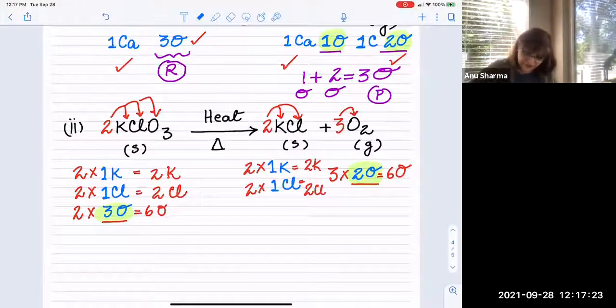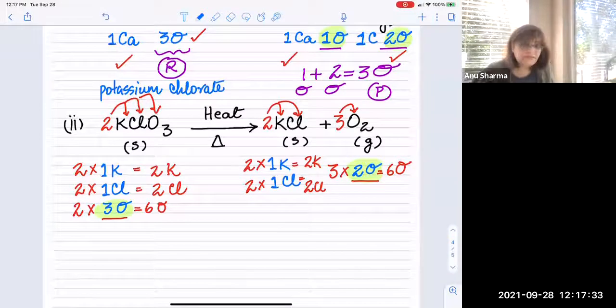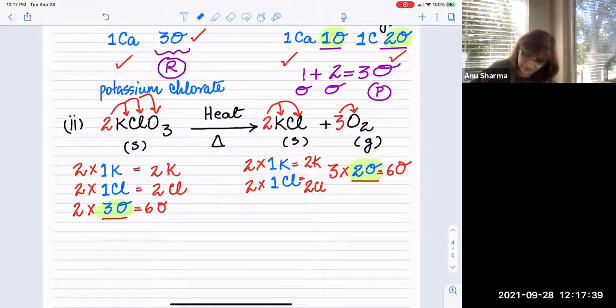So here you will have potassium chlorate, that's the name. This is another thing for balancing equations: you should really know the names of the compounds, names of the molecules, ionic compounds, those things. And this is potassium chloride.